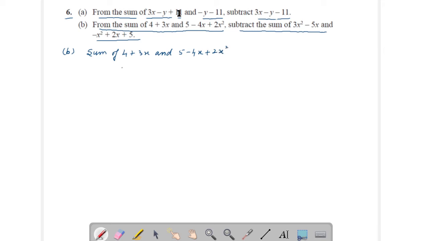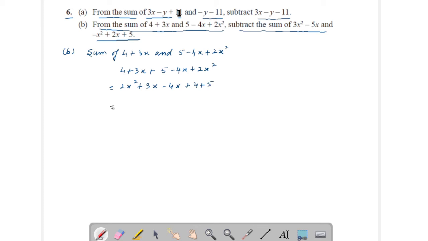It will be 4 plus 3x plus 5 minus 4x plus 2x square. Here collect the like terms. It is 2x square plus 3x minus 4x plus 4 plus 5.